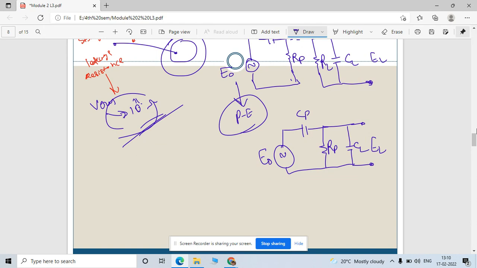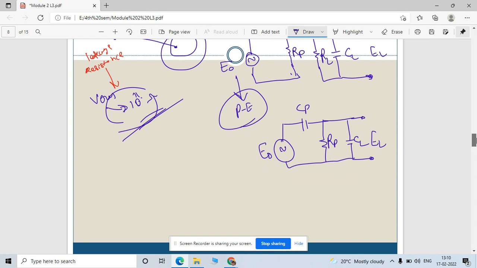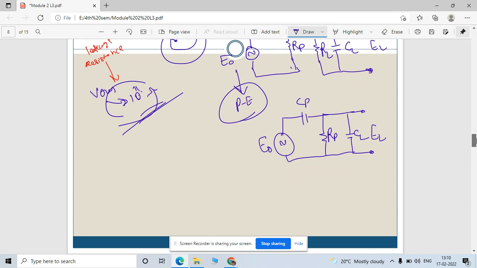There is only limited information given in that, but you can take the concept from the basic equation, and the working is also mentioned here. And this piezoelectric transducer works in the, sorry, okay. Let's start some numericals.